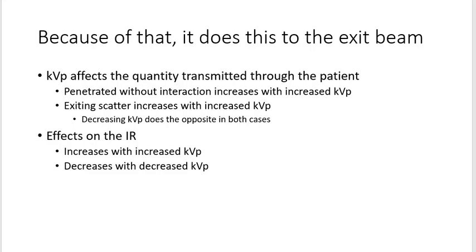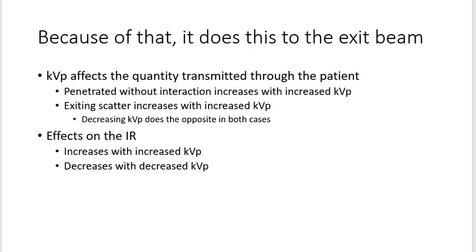So if we decrease kVp, we're going to have fewer photons penetrate through the patient and fewer scatter that penetrates through the patient. So the effects on the image receptor: we have more interactions on the image receptor with increased kVp. Again, this is just kVp. We're not changing our mass, but if you increase your kVp without any other changes, you're going to have more photons of higher energy striking the image receptor.